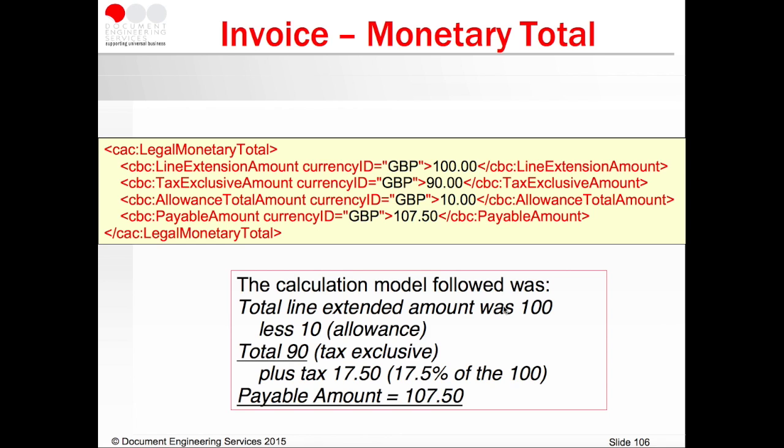And the calculation model here is explained as 100 less 10 is 90 plus 17.5% tax on the 100 gives you 107.50. Obviously, the actual calculation model used is typically part of a business partner relationship.